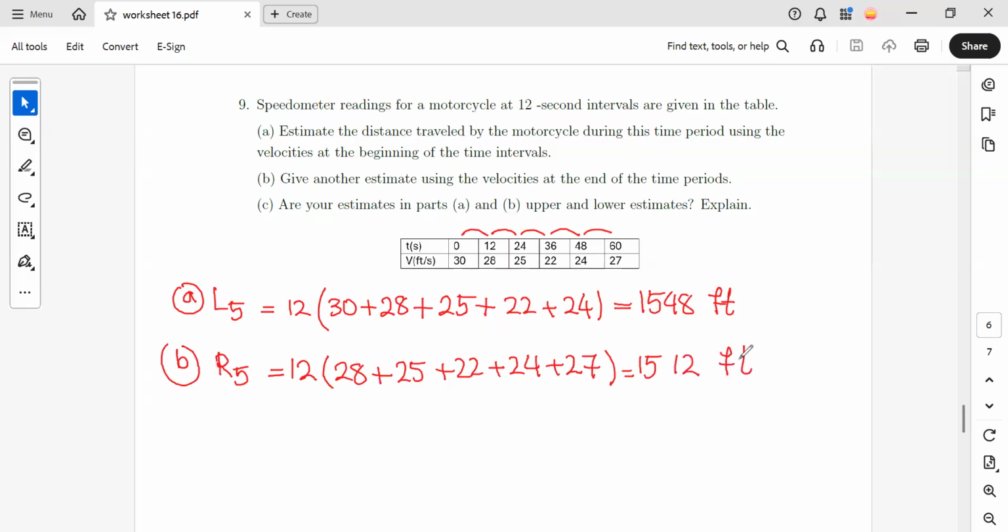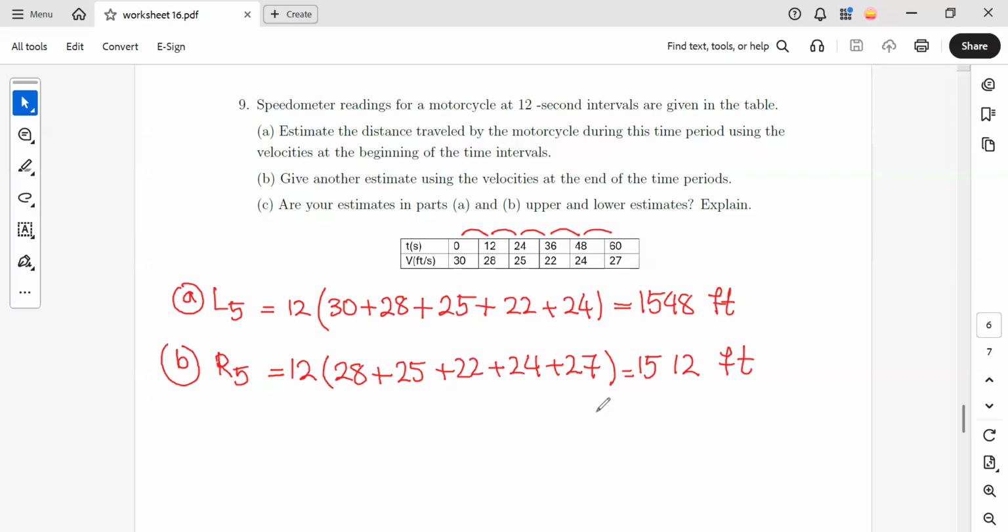That gives 1512 feet. Part C is asking, are your estimates in part A and B upper and lower estimates? What do you think? The first one is 1548, the second one is 1512.